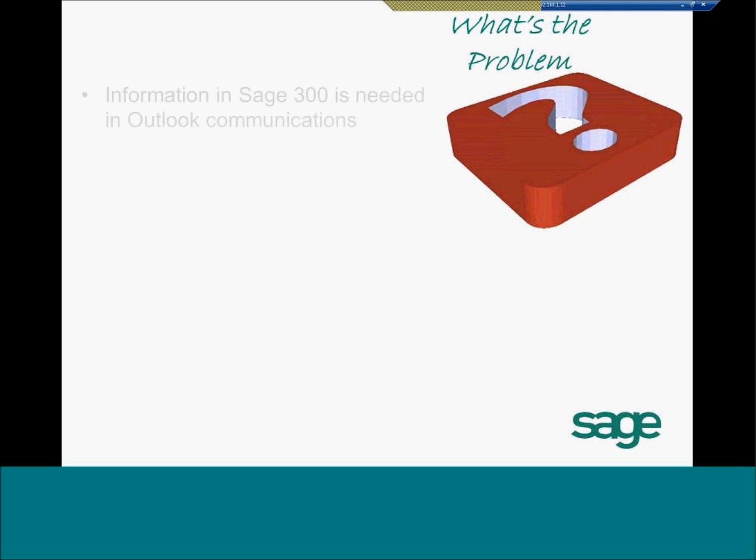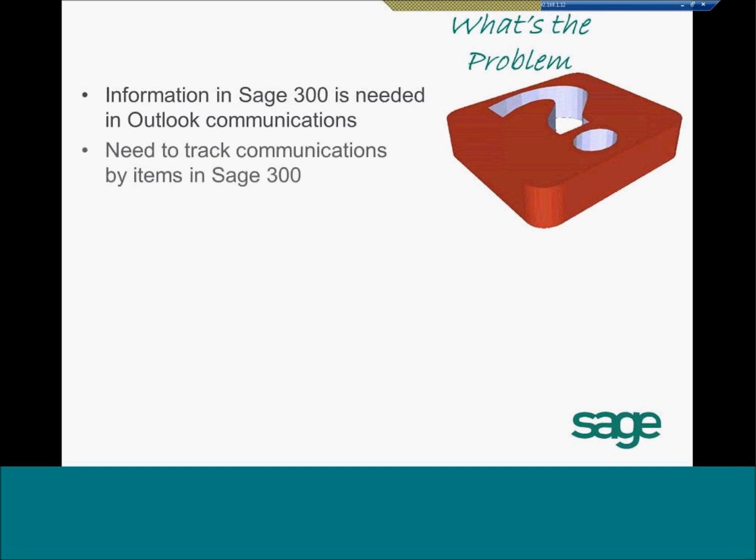What problem are we trying to solve here? Much of your communication in Outlook has to do with items that are in Sage 300. When you want to track these communications, they have to be around the items that are in Sage 300. So you want to track communications for an RFI, for a submittal, for an invoice, or an insurance renewal, what have you.